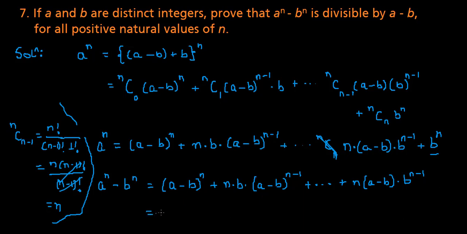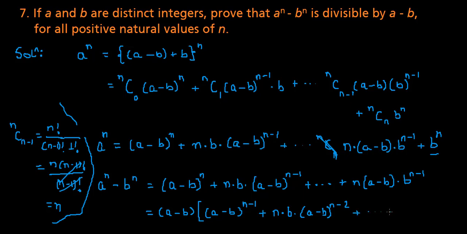Now what we're going to do is factor out a minus b. Then the first term would be a minus b raised to the power of n minus 1. Since we have taken 1 and a minus b out, we have factored it out, so there's one term less, so this is n minus 1 plus n times b times a minus b raised to the power of n minus 2.